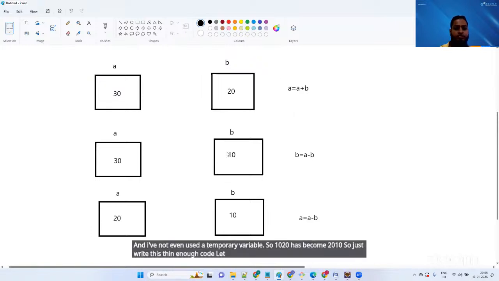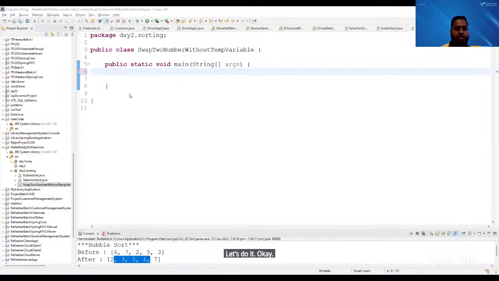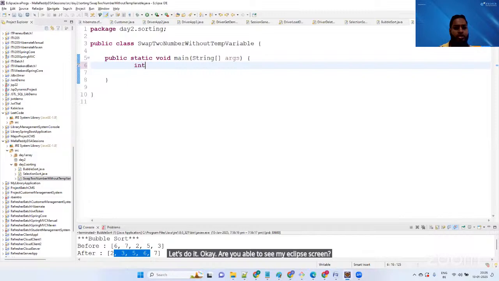Let's do it. Okay. Are you able to see my Eclipse screen? So integer A is 10, B is 20.